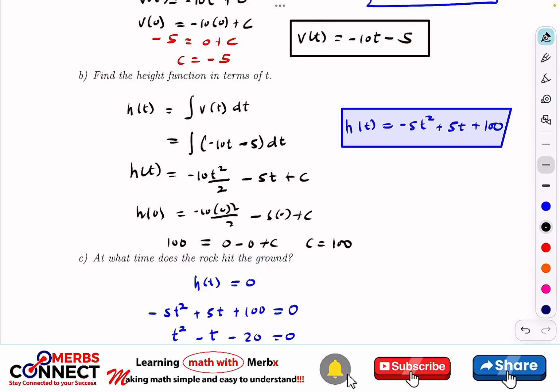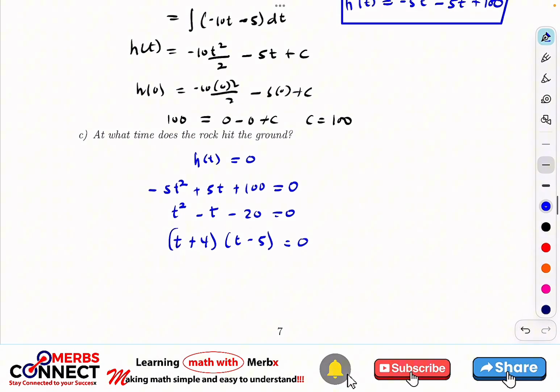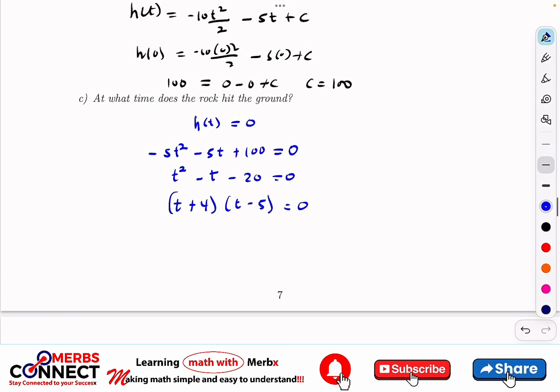So C is still 100, but this is going to change to minus 5. Okay, so let's do that. This is minus. So when I divide through by minus 5, this should be positive. If this is positive, then this one is minus and this one should be positive.